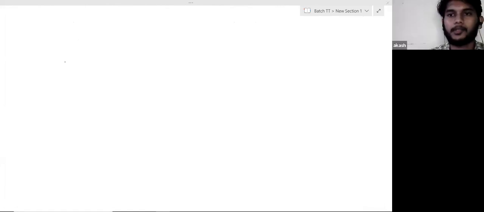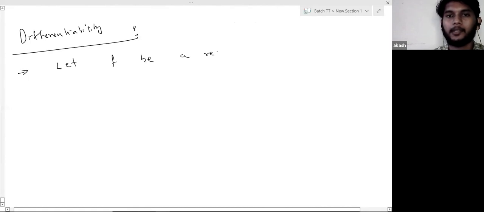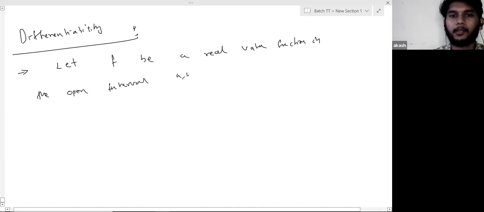Last topic of this chapter, differentiability. So what is differentiability? Let f be a real valued function in the open interval (a, b) and c be a number, c belongs to (a, b).